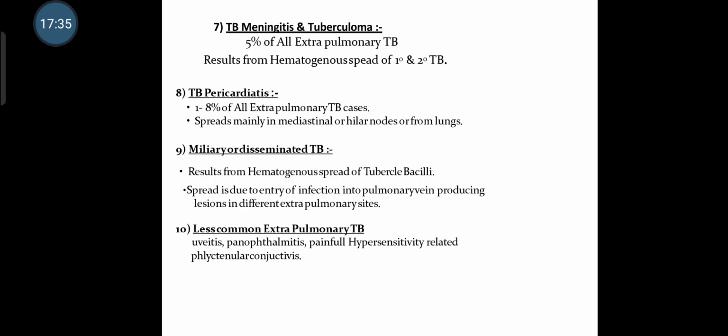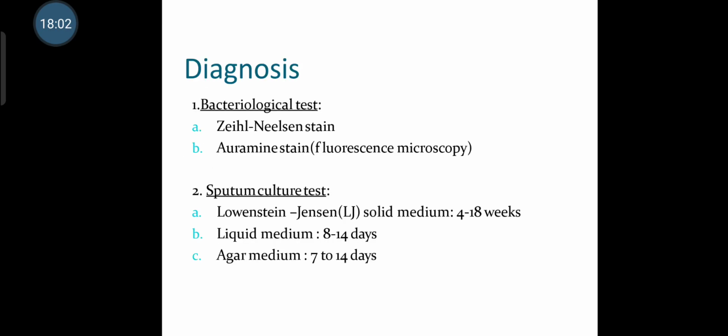Spread is due to entry of the infection into the pulmonary vein, which produces lesions in different extrapulmonary sites. Less common extrapulmonary tuberculosis consists of uveitis, panophthalmitis, painful hypersensitivity related reactions, and phlyctenular conjunctivitis. So these are the different infections which are associated with extrapulmonary tuberculosis.